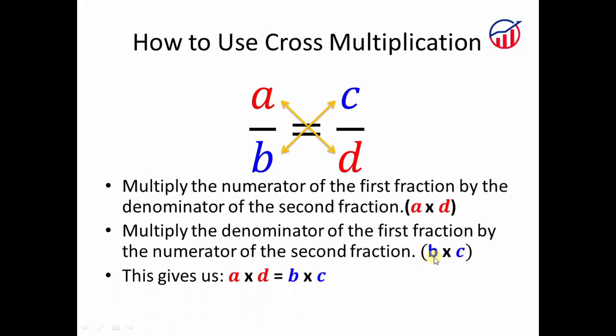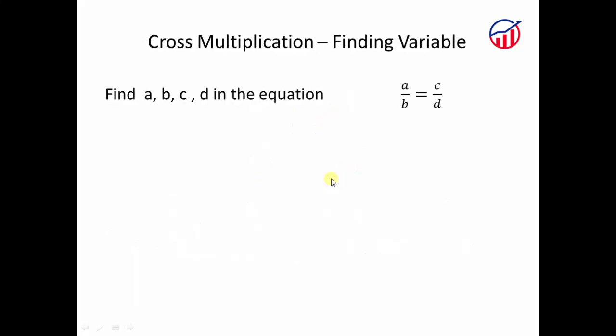Finally, the equation you're going to get is a multiplied by d is equal to b multiplied by c. Make an impression of this particular image for your lifetime. So let's try to find a few variables, and post that we are going to find the values using this same thing.